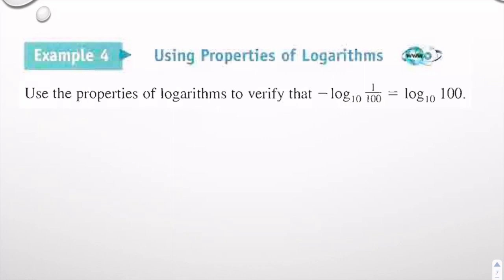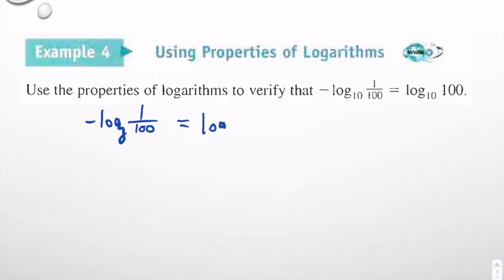Here in example 4, we're actually using the properties of logarithms to verify something. So in this statement here, they're saying we've got the negative log base 10, so it's common log of 1 over 100. And that's the same as saying the log of 100.